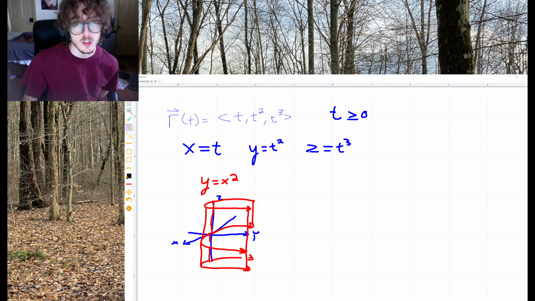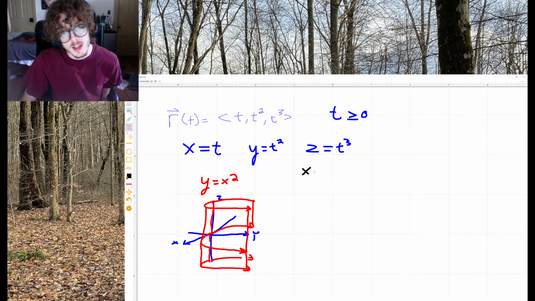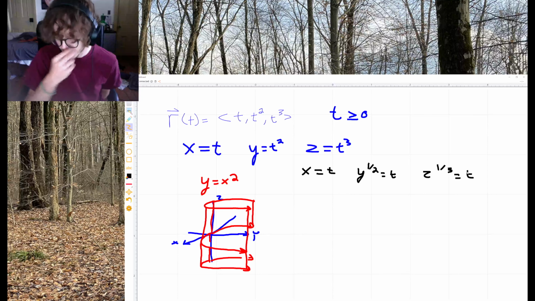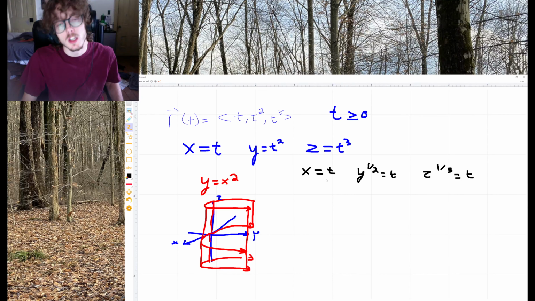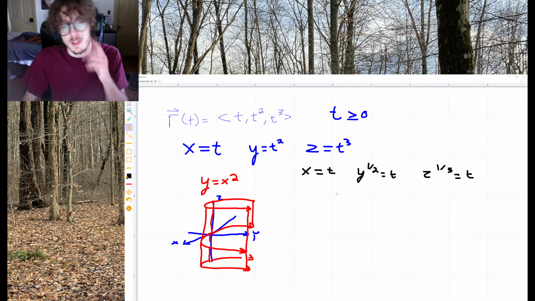And here it'd be the cube root of z equal to t. So x equals t, y to the 1/2 equals t, and z to the 1/3 equals t. Now I can set all of them equal to each other because they're all equal to just t, nothing else.